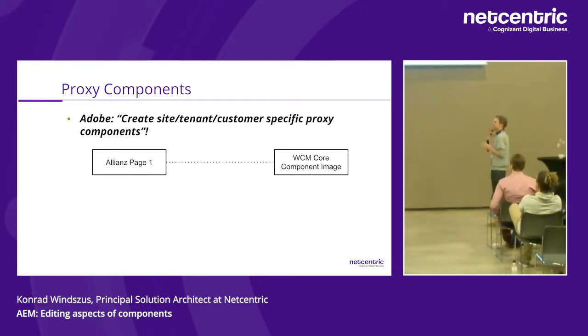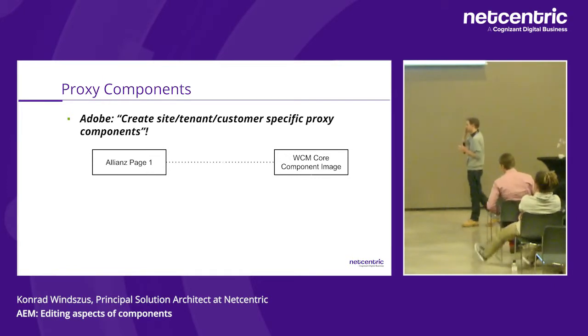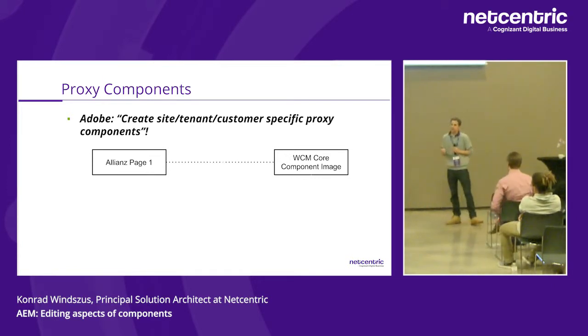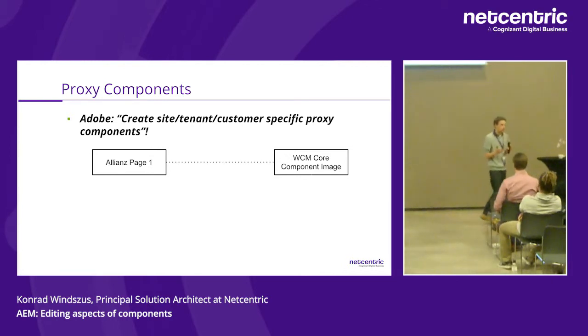So let's imagine we have one page, and the page is using an image component, a very basic one. We could have used the WCM core image component because we are fine with that and the customer does not have any additional demands. But we are agile, right? We learned about that already. So the customer is changing his mind and wants to have some extension, some fancy one, I don't know.